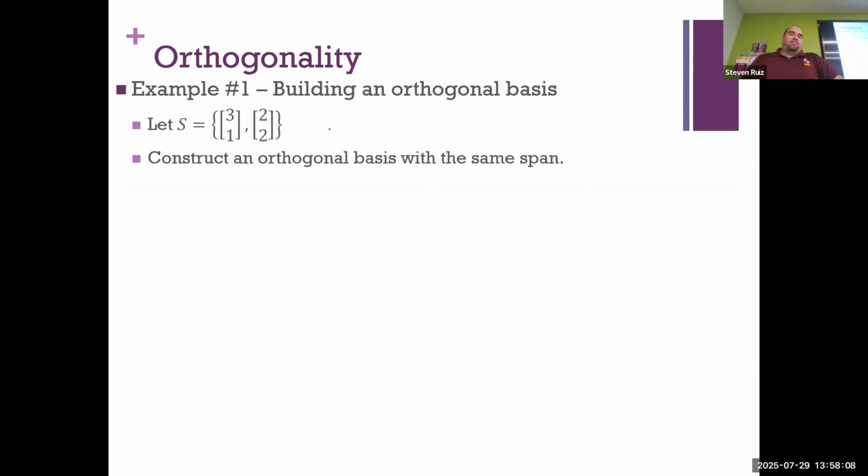So is S an orthogonal set right now? No. If I dot (3, 1) and (2, 2), I get 6 plus 2, which is 8, which is not 0. So I would like to replace this with something that is orthogonal.